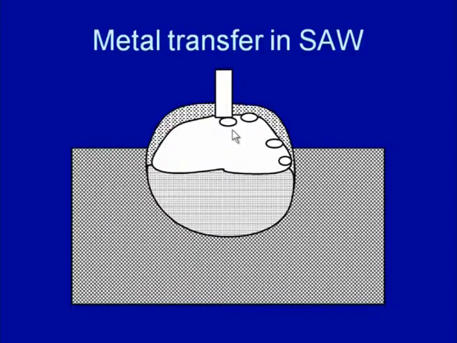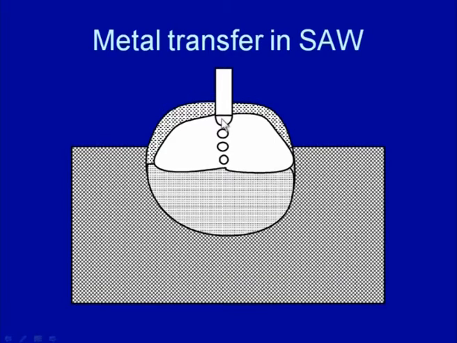The basic concept of the detachment of these droplets from the electrode tip is the surface tension and the pinch force developed at the tip of the electrode. This is one of the typical forms of transfer observed in submerged arc welding. Sometimes the molten metal drops formed at the tip of the electrode are transferred through the wall of the molten flux to the weld pool.